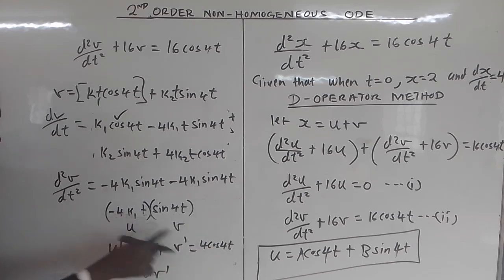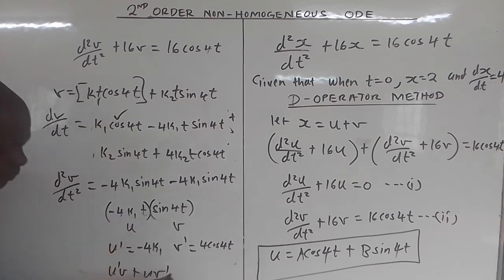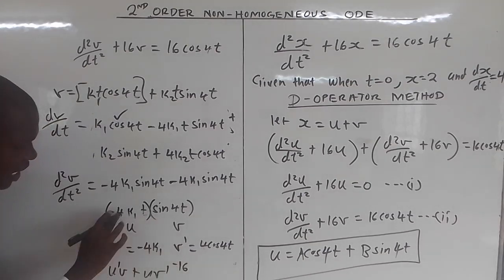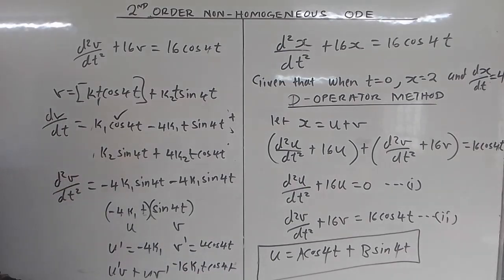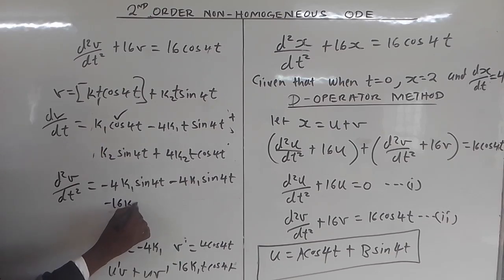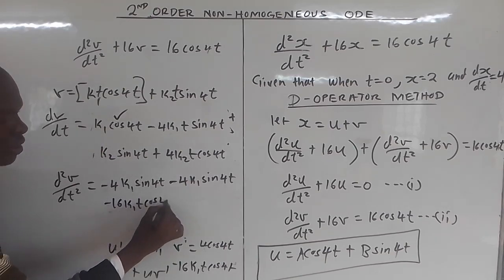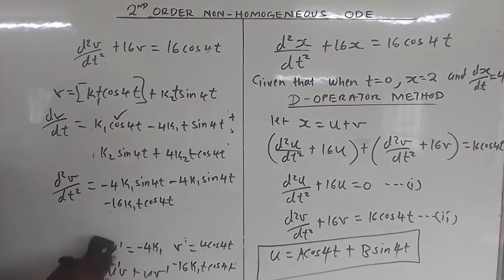So if you multiply this by this, negative 4 times 4 is negative 16 k1t cos 4t. Are we together? Yes, so that one is going to be negative 16 k1t cos 4t. You are done with that part.